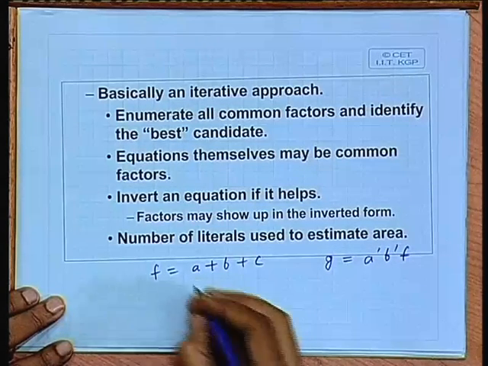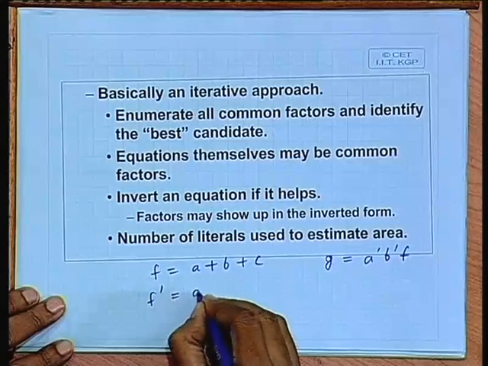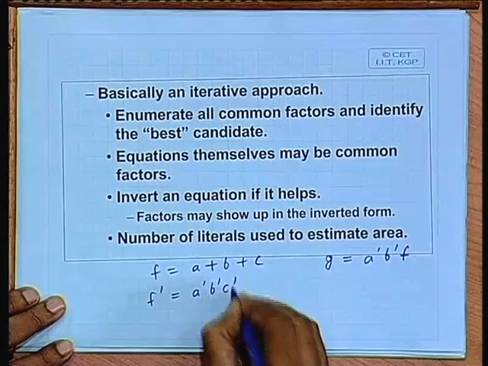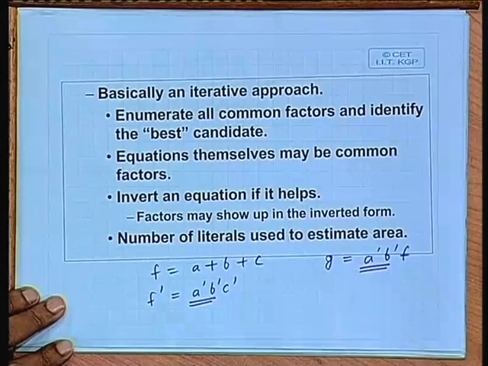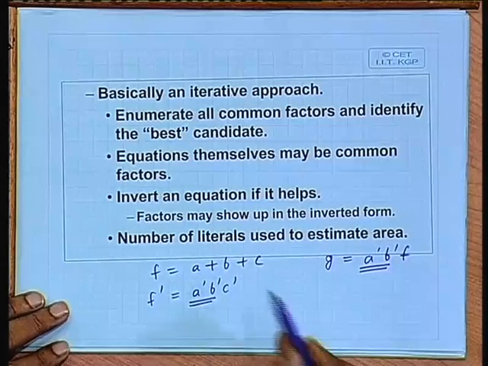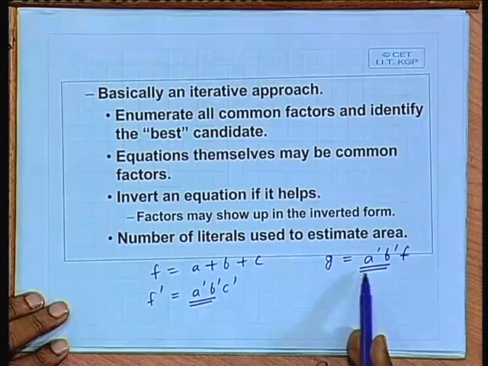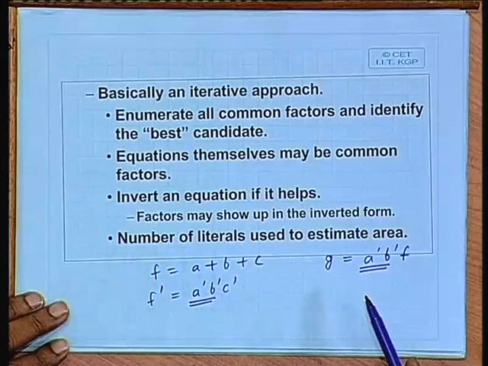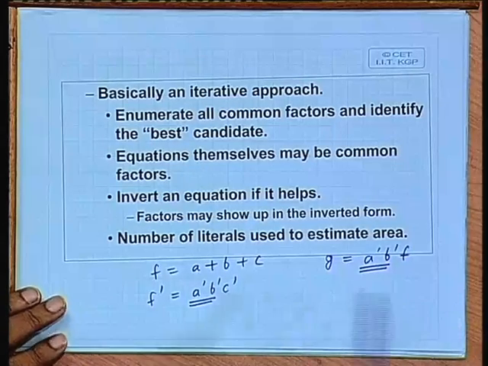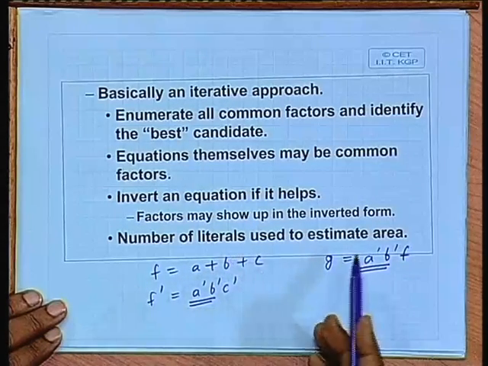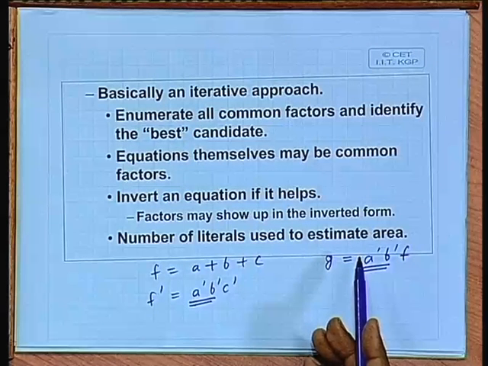But suppose you invert this equation, f dashed, then this becomes a dash, b dash, c dash, and immediately this sub-expression gets exposed. So sometimes inverting an equation may expose further factors or sub-expressions. And again, since we are using CMOS as the target, the number of literals is used to estimate the total area, right?